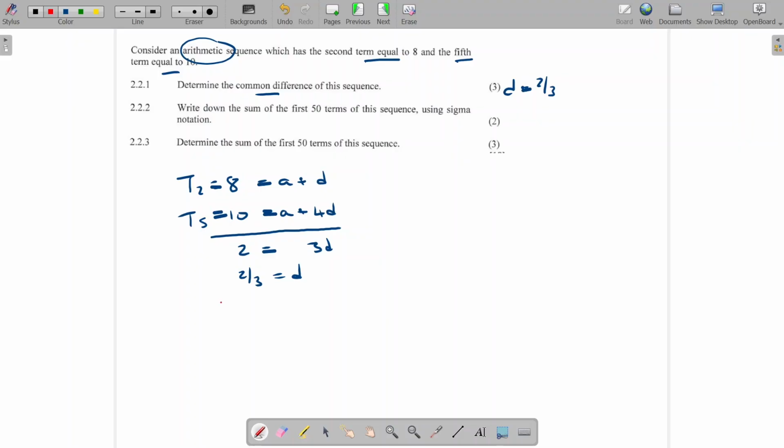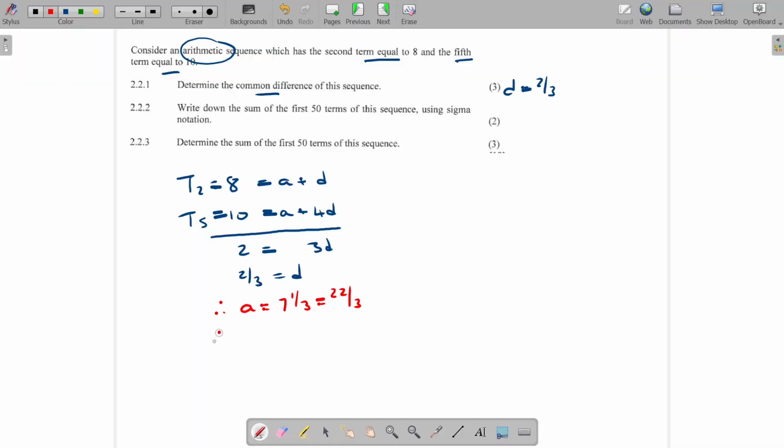Write down the sum of the first 50 terms of the sequence using sigma notation. Well, if d equals 2/3, then I realize that a equals 7 1/3, or ultimately 22/3. I need this because I need to know what the general term is, and the general term is Tn equals 22/3 plus n minus 1 times 2/3.